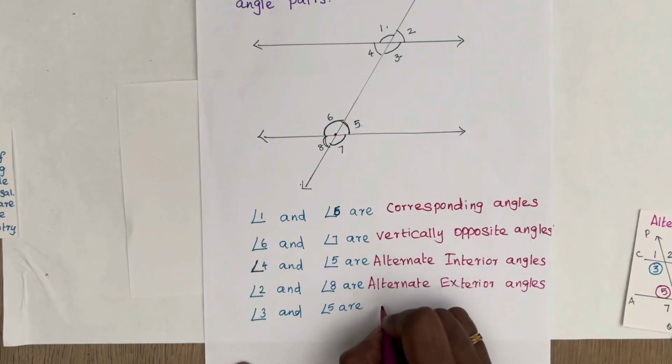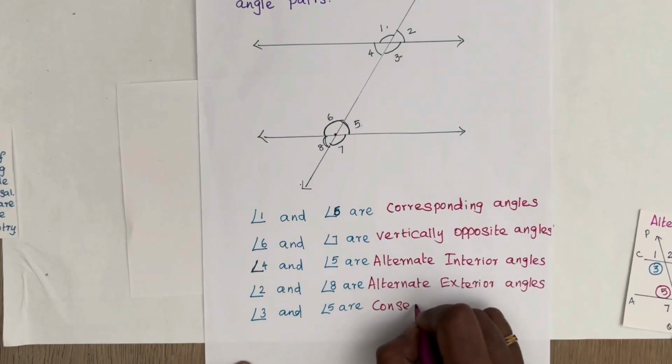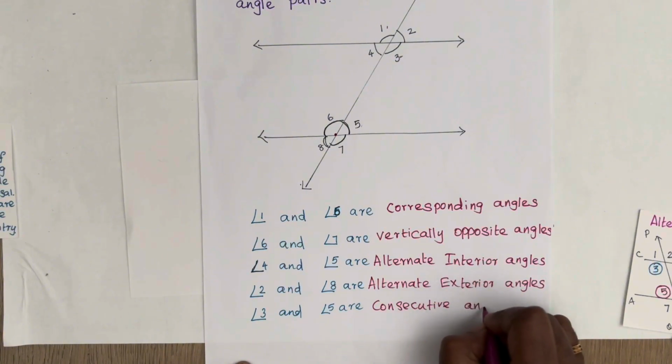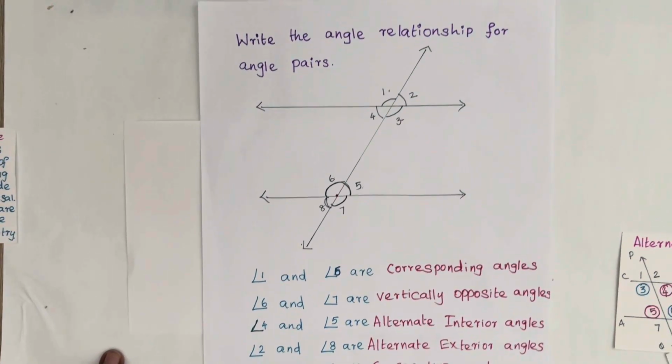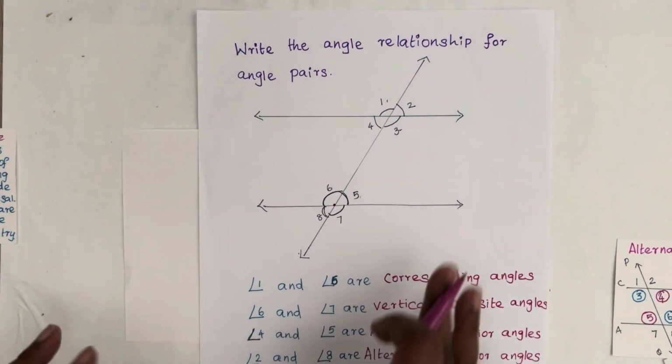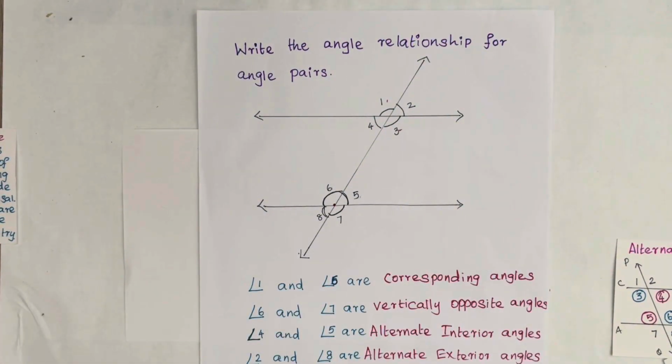This is known as co-interior or consecutive angles. So in this example, we found all the angle relationships for the given parallel lines and the transversal.